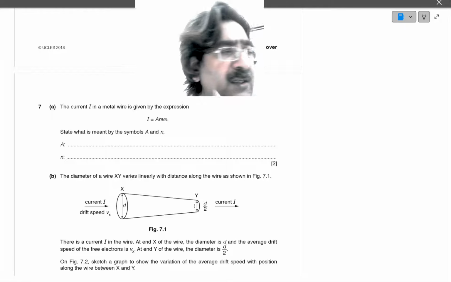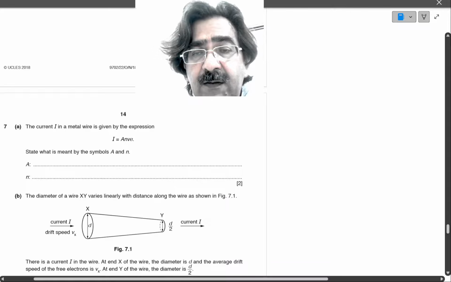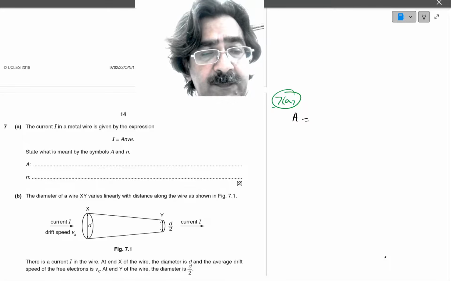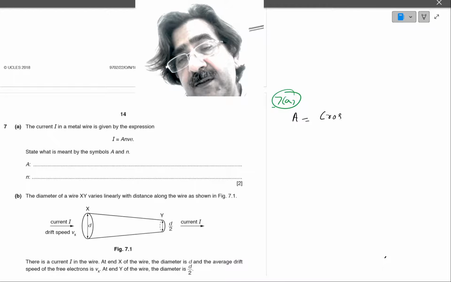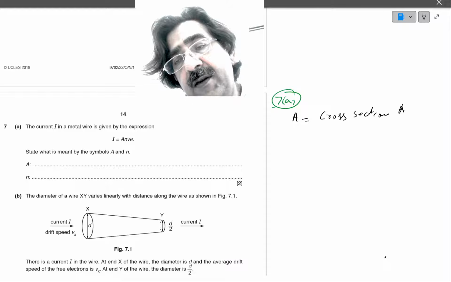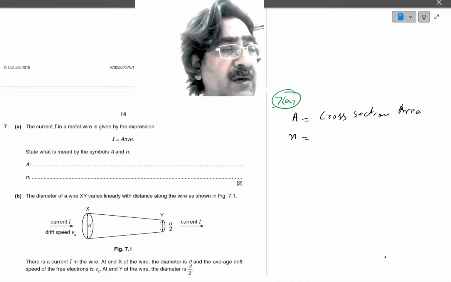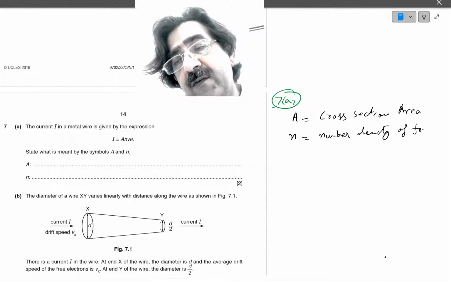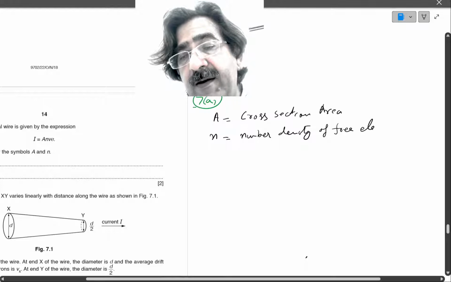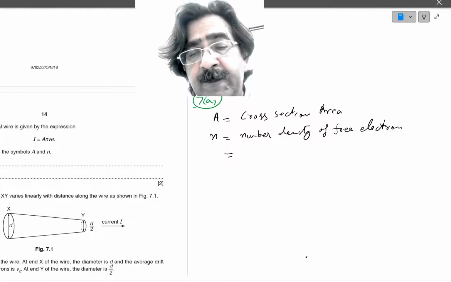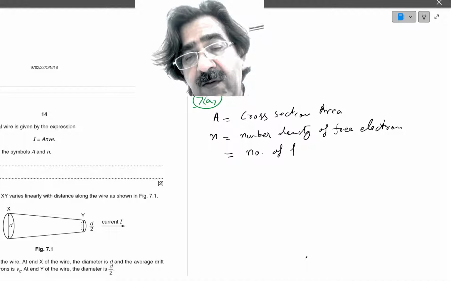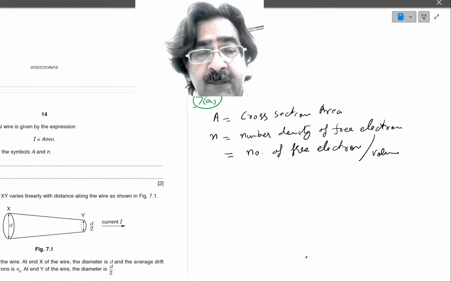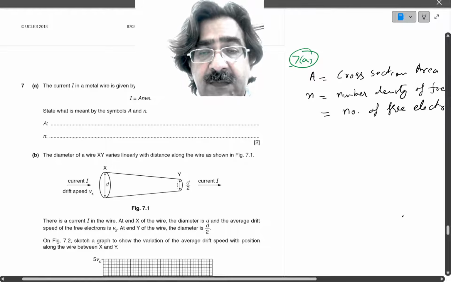A is the cross-section area, and n is the number of free electrons per unit volume, or you may say the number density of free electrons. Okay, that will be n.